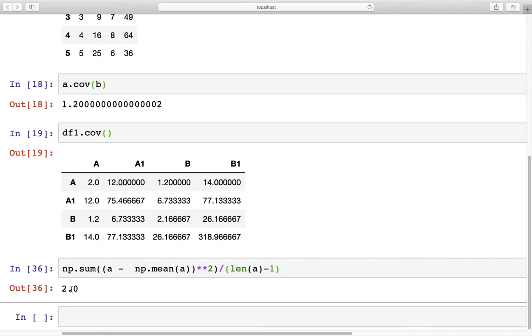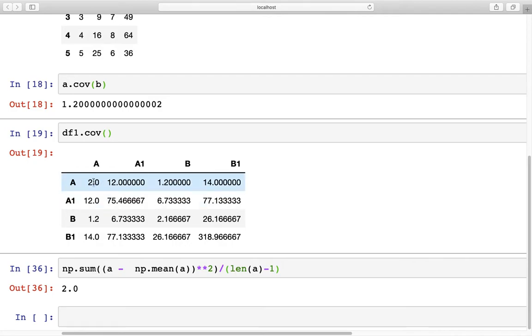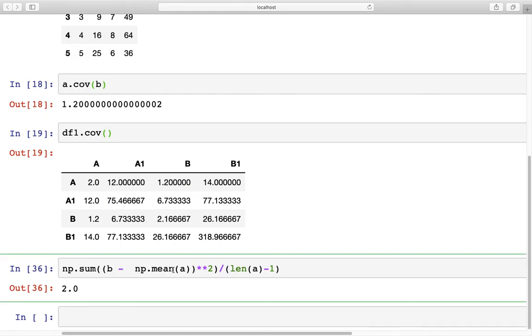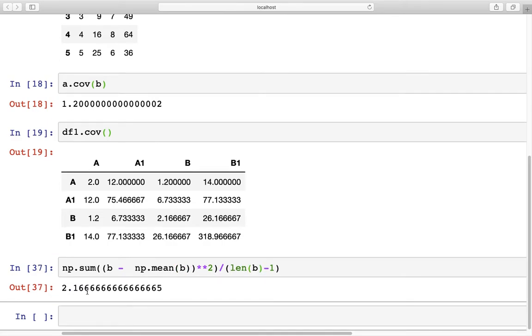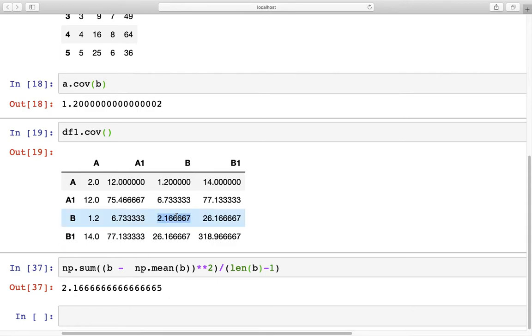And here we have 2, which is the variance for the column A. Similarly, we can calculate it for the column B, which was actually the series B, and we have 2.166, and that's what we have here.